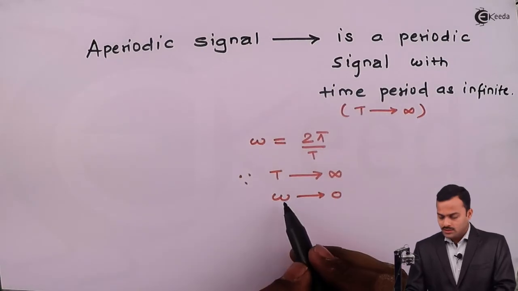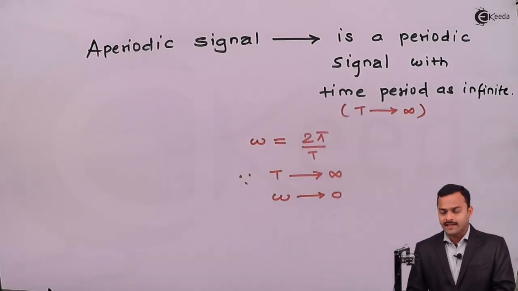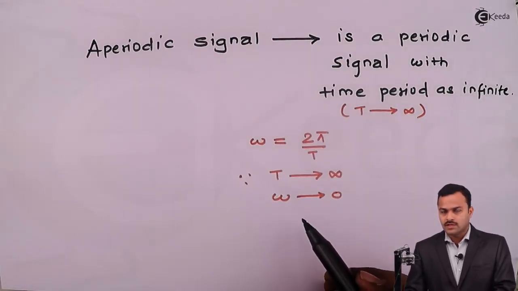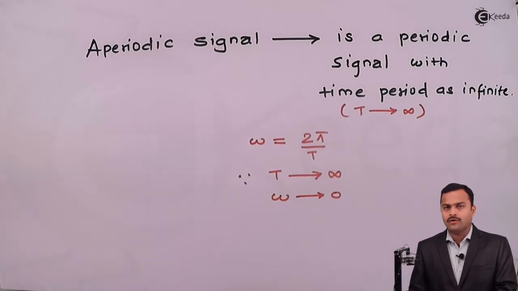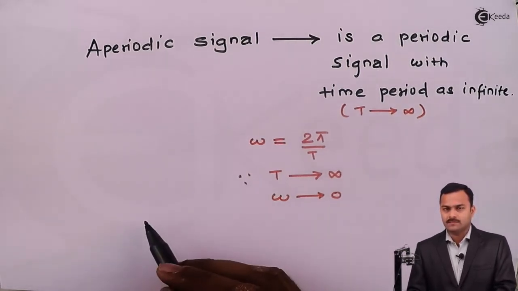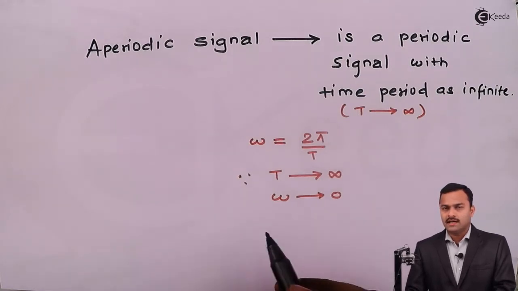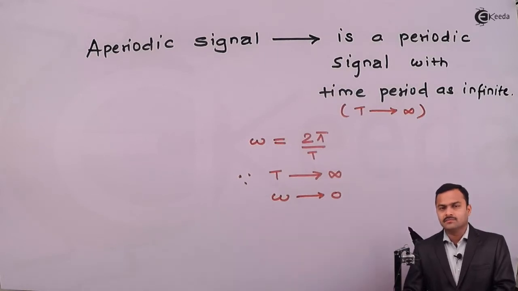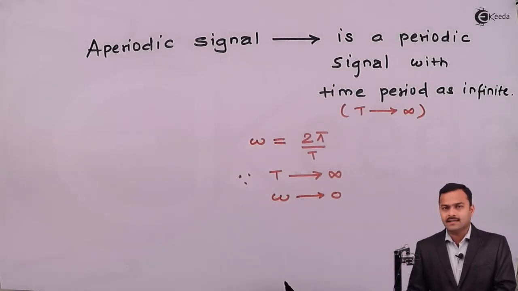Meaning the frequencies that we will get for the aperiodic signal exponentials will be infinitesimally close, and instead of a summation over integer harmonics, I will get a continuum, and that continuum will result in an integral which we call the Fourier transform. So this is the basic fundamental of the Fourier transform.